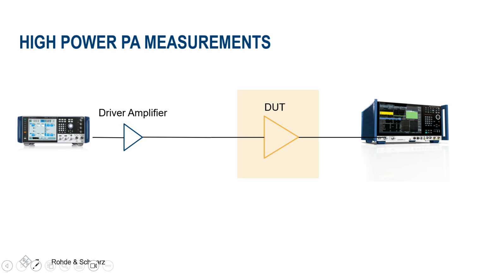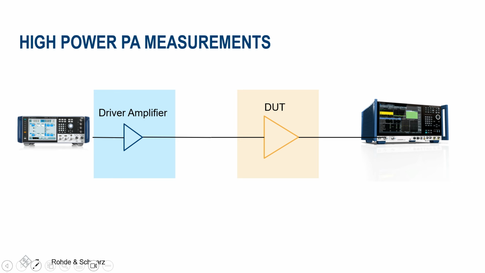And in that case, very often we need so-called driver amplifiers that amplify the signal from a vector signal generator so that it matches the required input power to the device under test. Unfortunately, in this case, we have two nonlinear devices in our block diagram, but the ultimate measurement challenge is to measure the DUT only, not the two amplifiers.